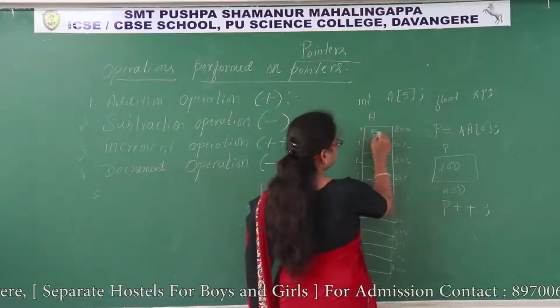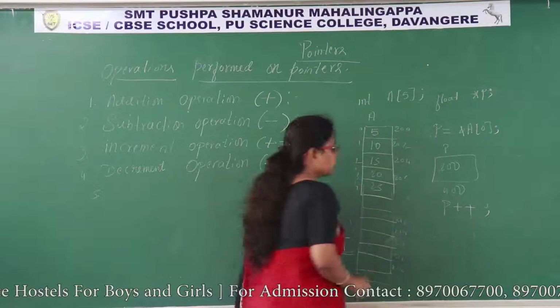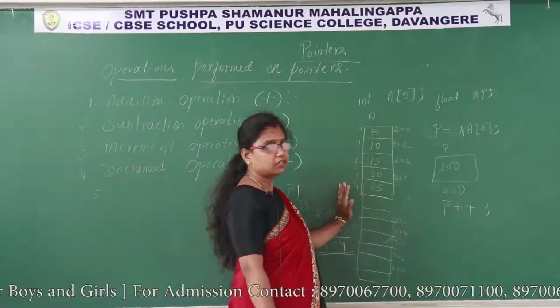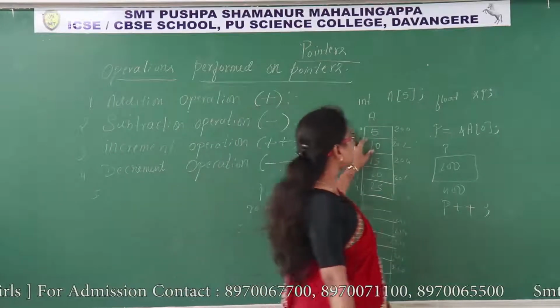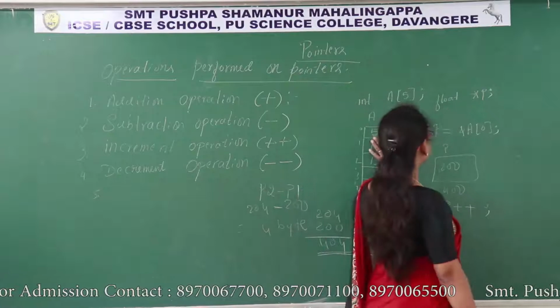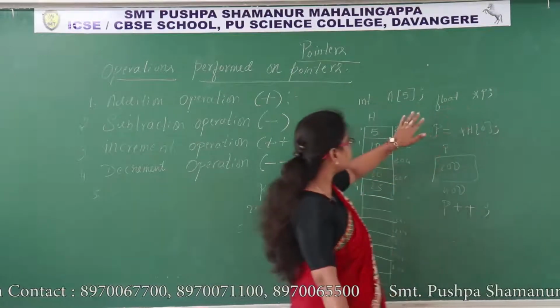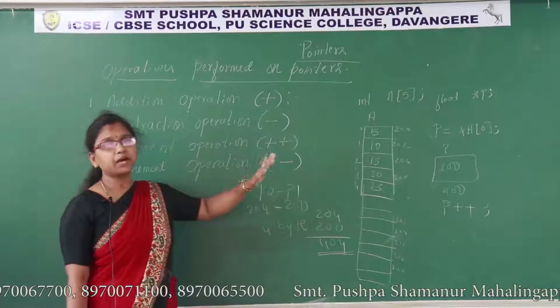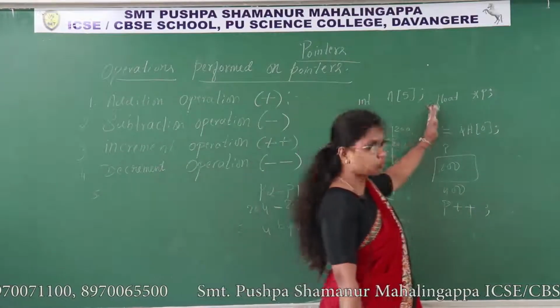If I store values like this, 5, 10, 15, 20, 25. Assume there is an array, it contains values, it is an integer array. So each memory location is 2 bytes. And I have taken a pointer to this array that is a different type, floating type. What I am going to explain is, why should we take a compatible pointer? If it is an integer array, I should take an integer pointer.